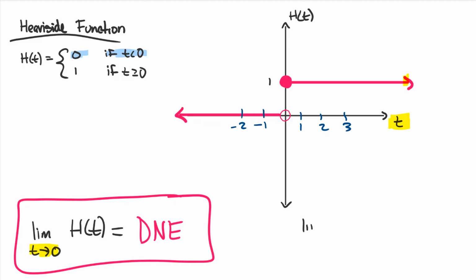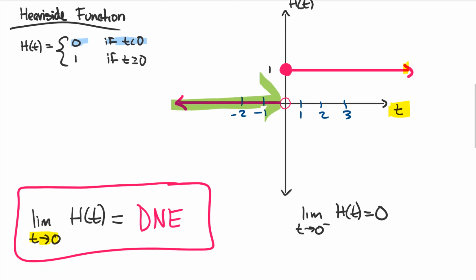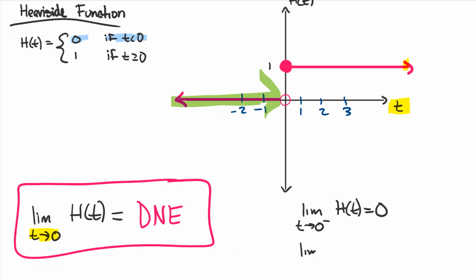Because the limit as t tends towards 0, let's start from the left-hand side. The left-hand side is over here, and that's pointing towards the height, not the x-value, the height of it. And that's equal to 0. And then our limit from the right, as t goes to 0 from the positive side of our Heaviside function.